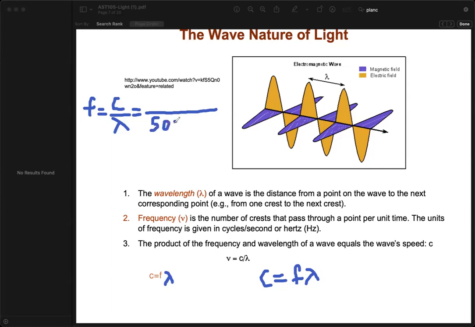It has a wavelength of approximately 500 nanometers. And then the speed of light, as I said in one of the earlier slides, is 3 times 10 to the 8 meters per second. Okay, so there is 3 times 10 to the 8 divided by 500 nanometers.